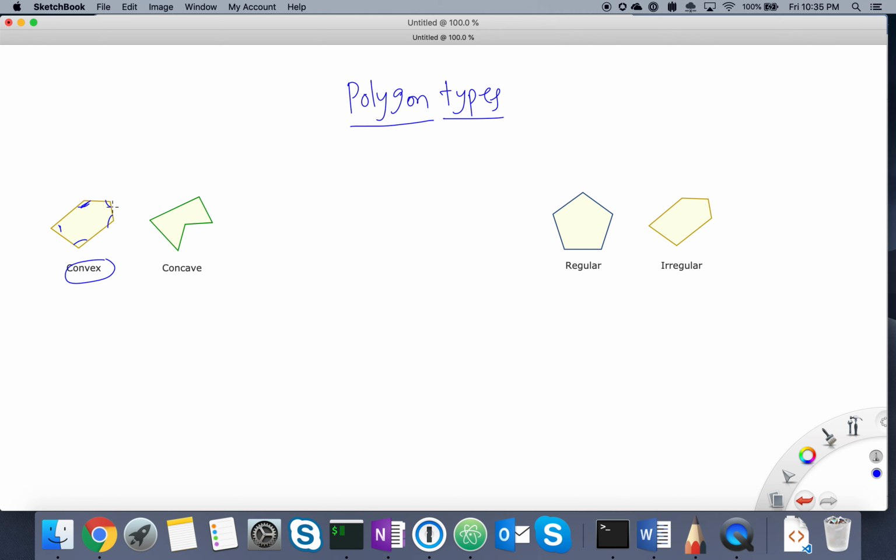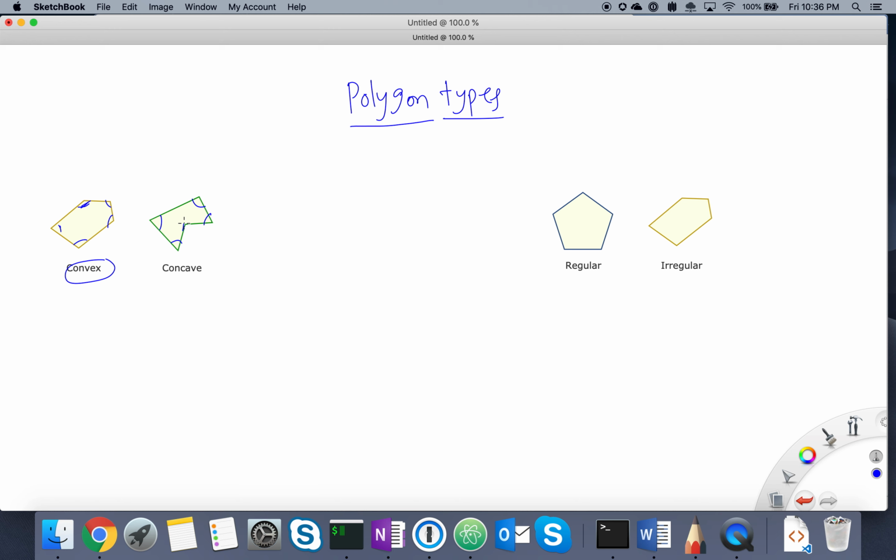These are the regular polygons. When we talk about polygons, 9 out of 10 times we talk about convex polygons. But these concave ones are different. These concave ones will have this little dent here, where some of these angles are turned inward. If we go by the interior angles, look at this interior angle, it's less than 180. This is fine, less than 180, less than 180, less than 180.